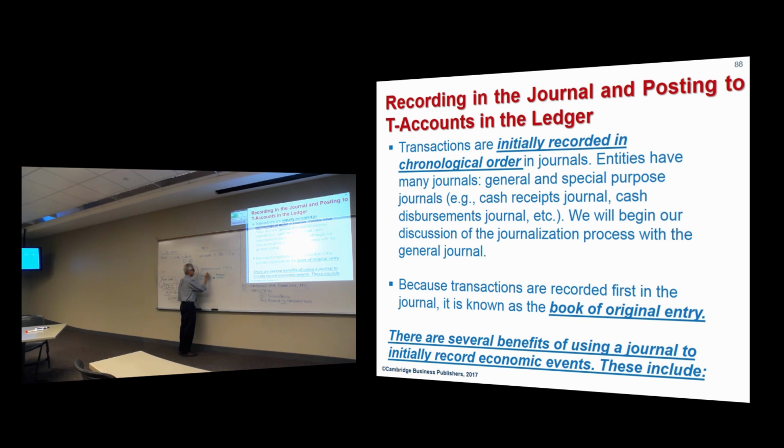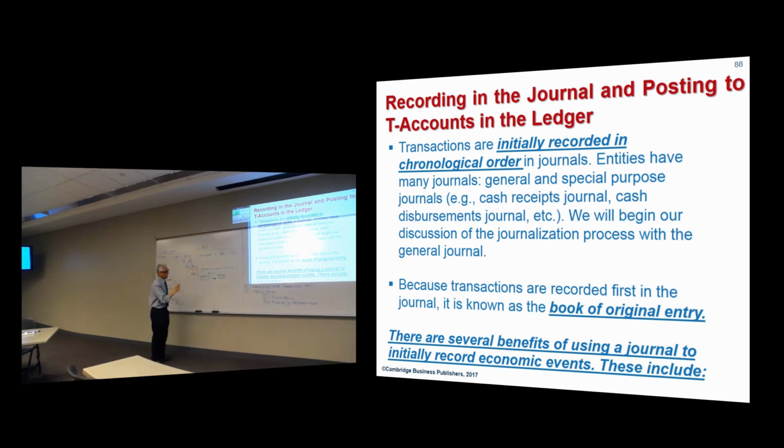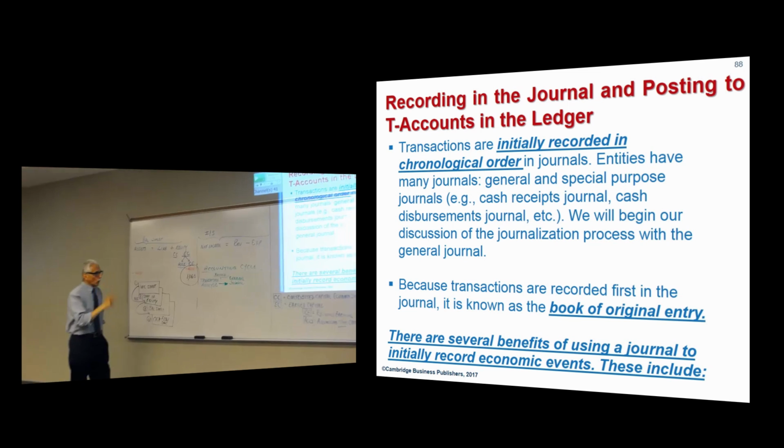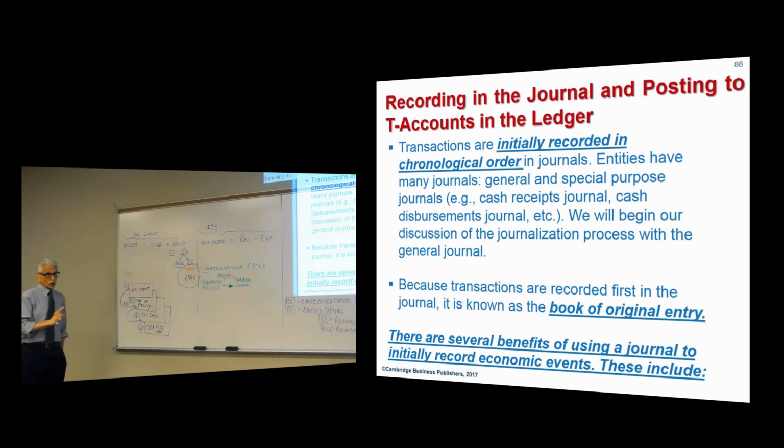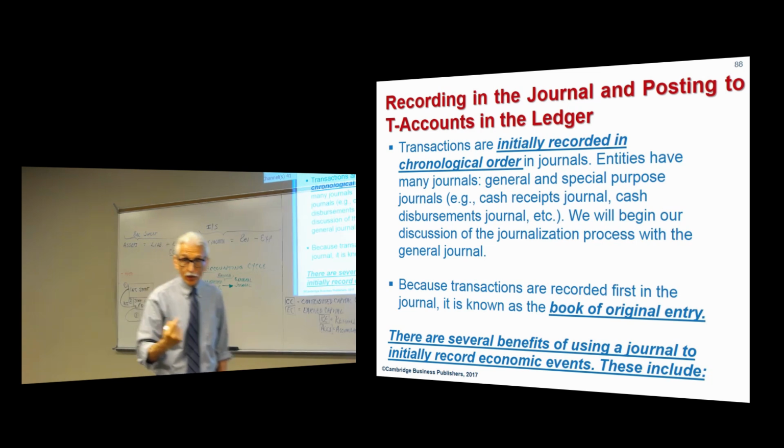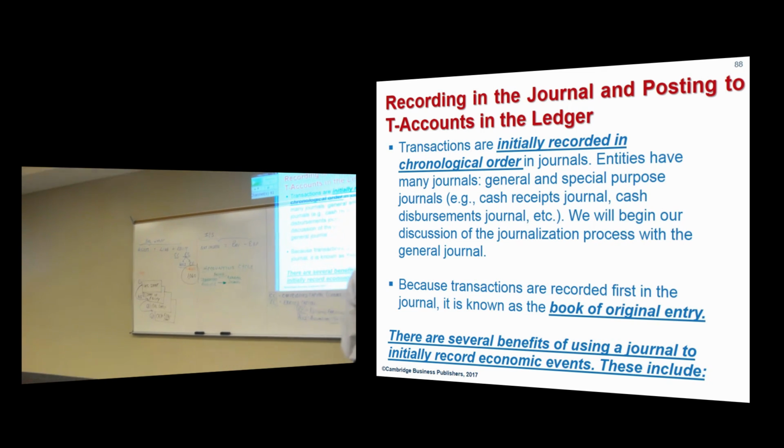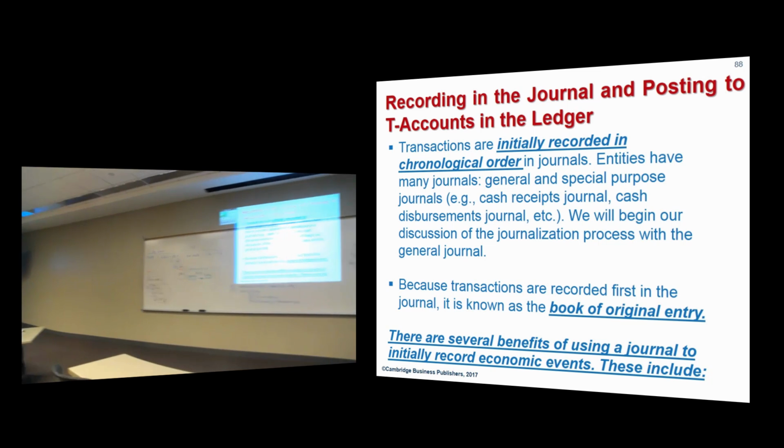So we record first in the journal. It's the book of original entry. That keeps the transactions in chronological order, and it also keeps the transactions in one place.